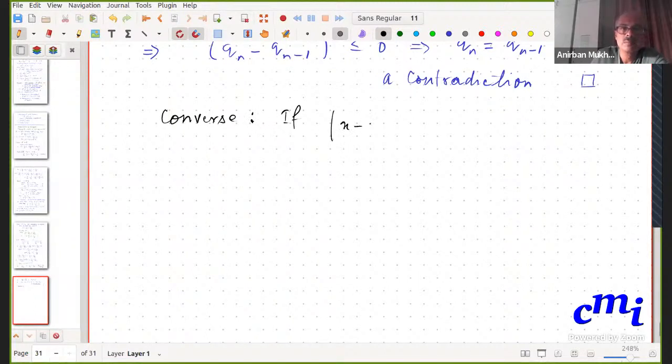If x minus p by q, so if a rational provides an approximation of that precision, 1 over twice q square, then p by q is a convergent.